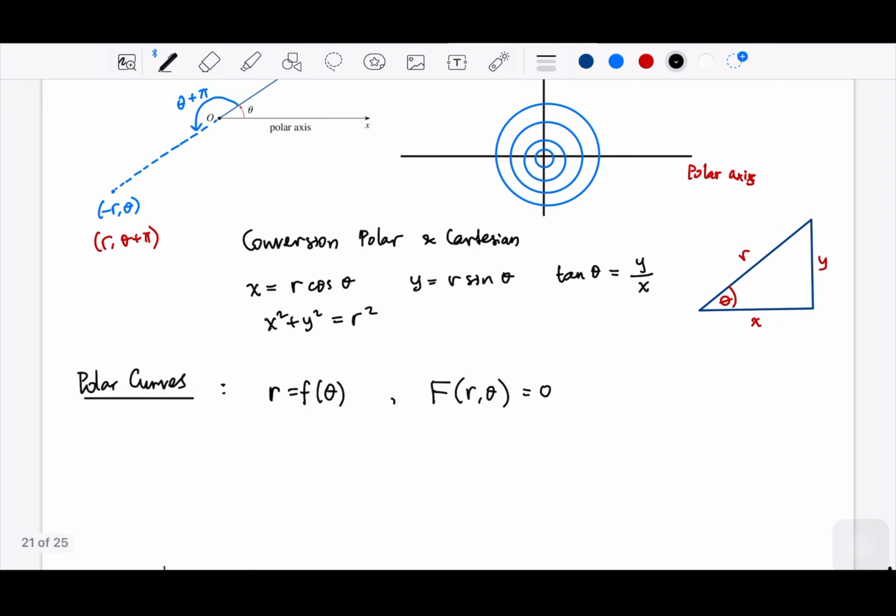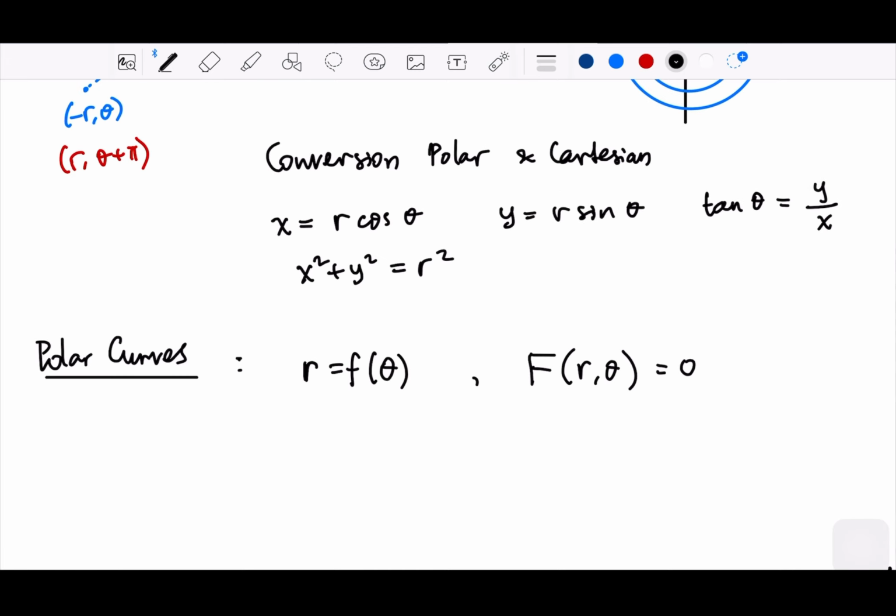For example, if the equation is r equal to 2, which means if you take a look at the polar plane, we have a constant radius 2, which means we have a circle with radius 2, right?